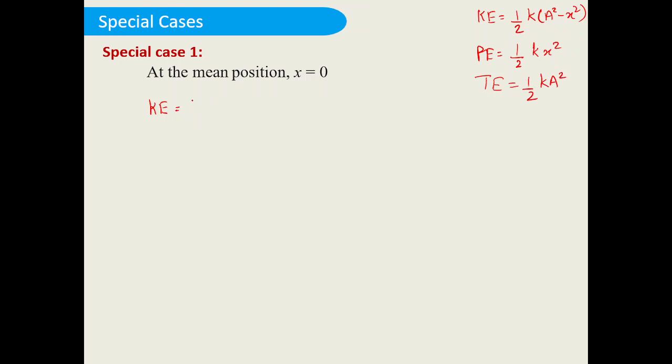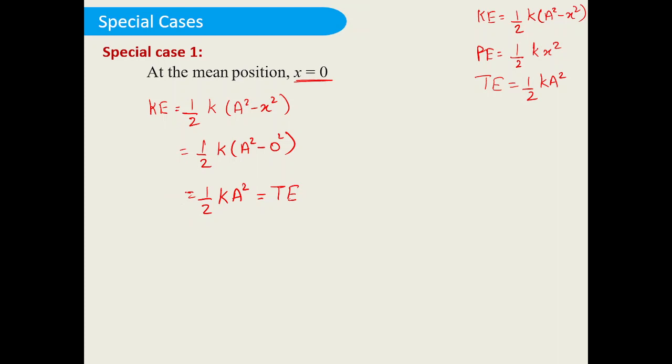At mean position, kinetic energy is given by half k a square minus x square. At mean position, the value of x is equal to 0. So this is equal to half k a square minus 0 square, which is equal to half k a square. Half k a square is nothing but the total energy. So kinetic energy is nothing but total energy.